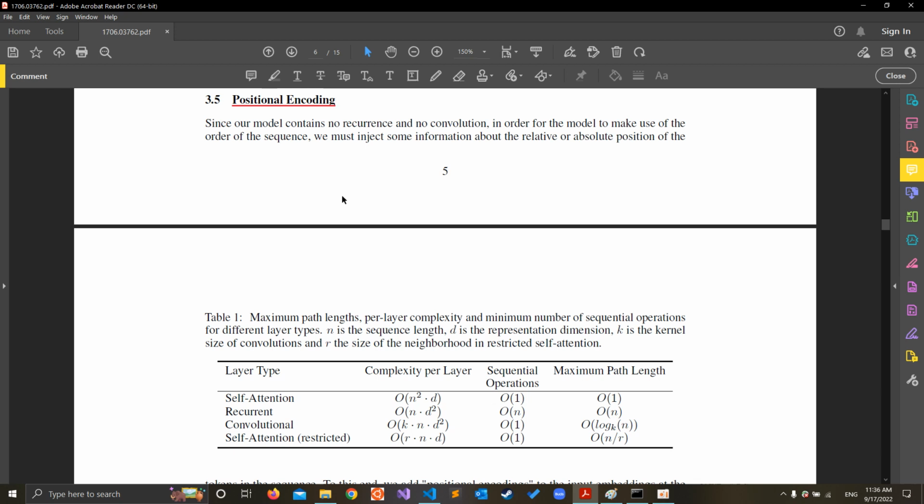One way is to use the index of the word. For example, the first word is 0, the next word is 1, until the end word. But the thing that is happening here is that when the sentence is very big, we have large values for indices, and passing these large values to the network may cause some problems for us.